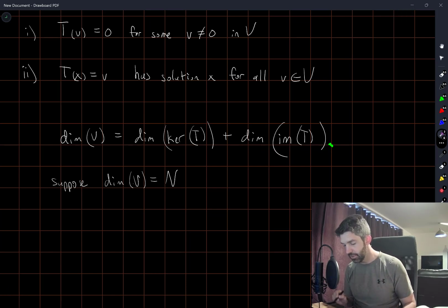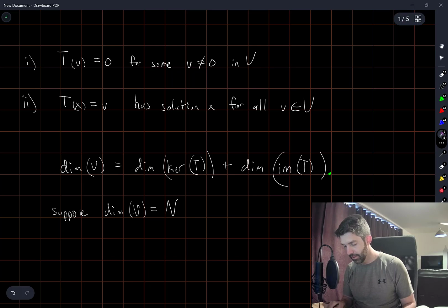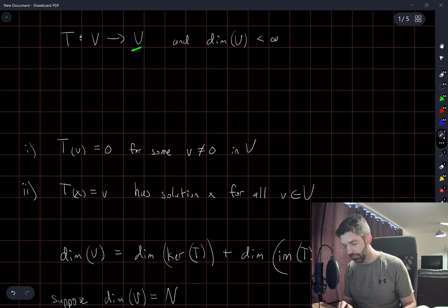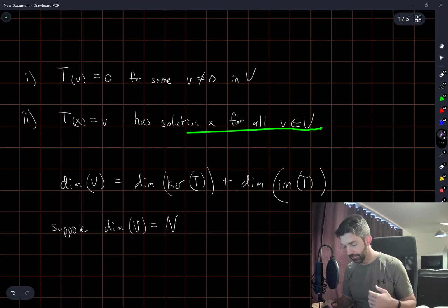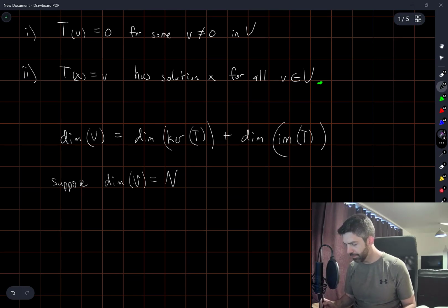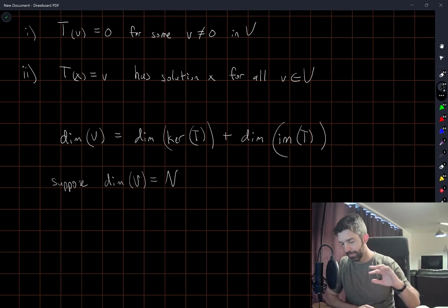And if the dimension of the image is strictly less than n, well then that means there is some subspace of V which is not in the image of T, and so statement number 2 is going to be false. So kind of like I proved in the first part of this problem, 1 implies the negation of 2, and 2 implies the negation of 1. So these statements can't both be true.